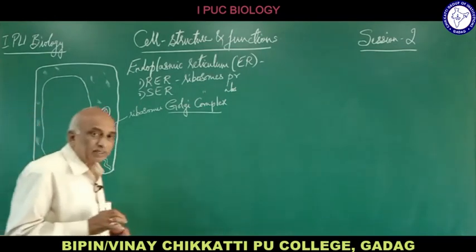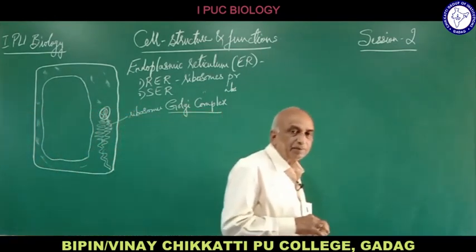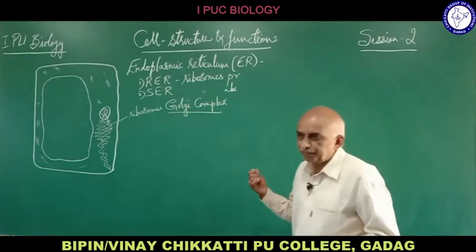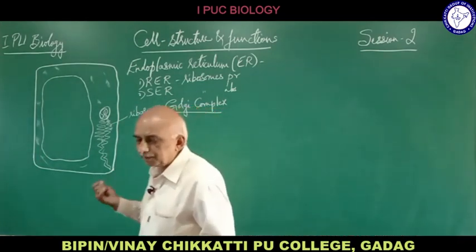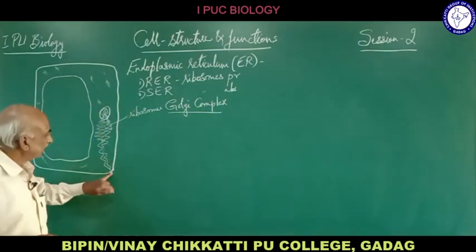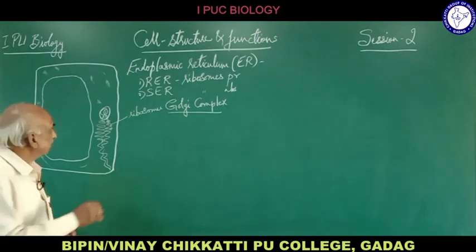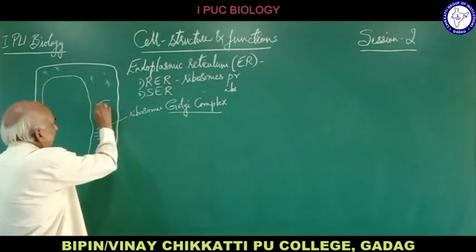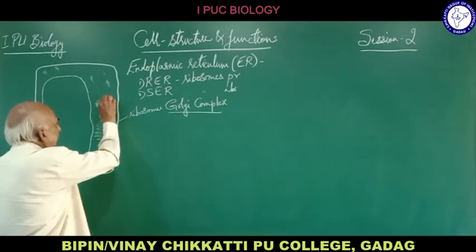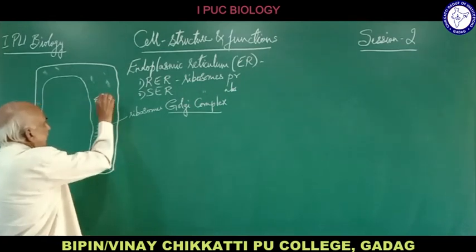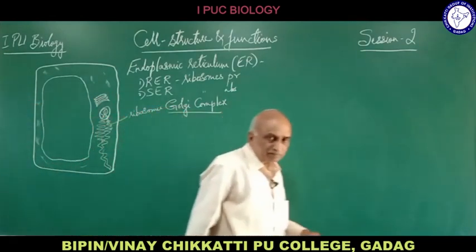The endoplasmic reticulum connects the cell membrane and the nucleus, and because of that connection it also helps in the transport of proteins or certain substances from the cell membrane to the nucleus. But the Golgi complex is also membranous, somewhat arc shaped, and somewhat parallel to the nuclear membrane, so it is close to the nucleus.